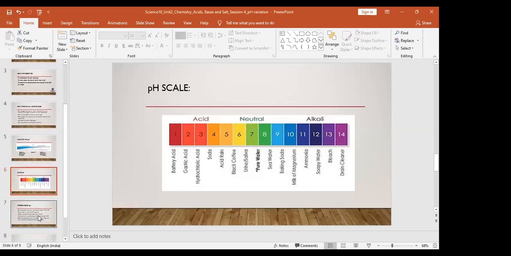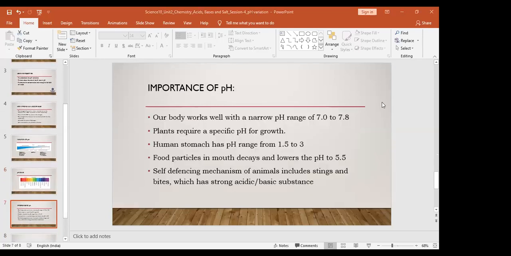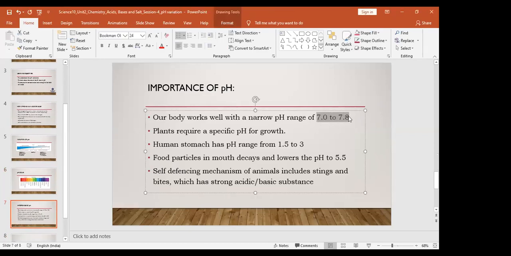What is the pH of the human body, Vaishnavi? Ma'am, the pH range is from 7.0 to 7.8.